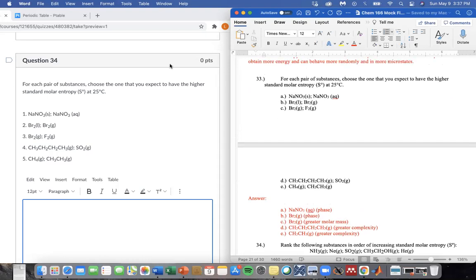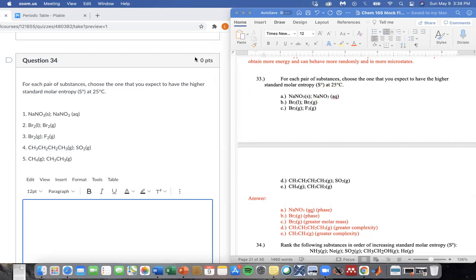For this one, we have to determine the one that has the higher molar standard entropy. For NaNO3 solid versus NaNO3 aqueous, we would choose aqueous because it has water in the solution, which makes it more complex. It also has those interactions with water.